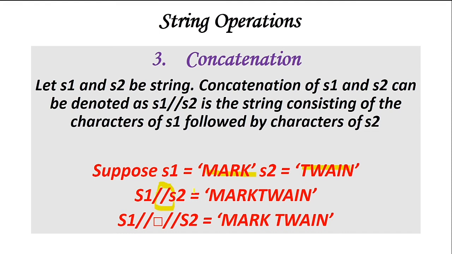S1 concatenation S2, you will get MarkTwine without any space. But if I concatenate with a space in between, so S1 concatenated with a space, once again concatenated with S2, you will get Mark space Twine. So this is the third operation you have.